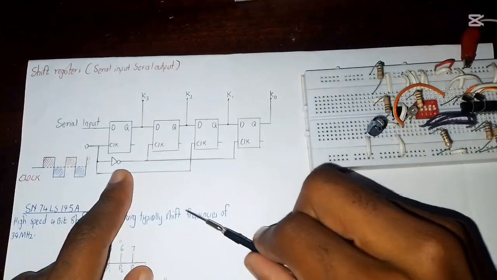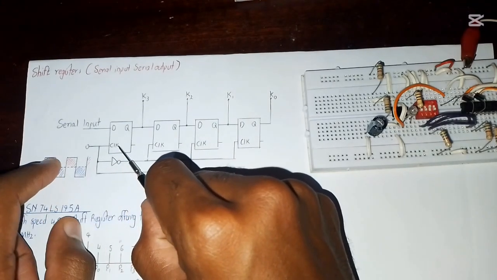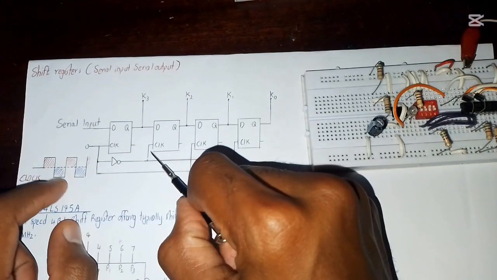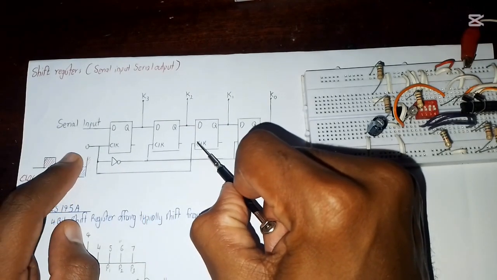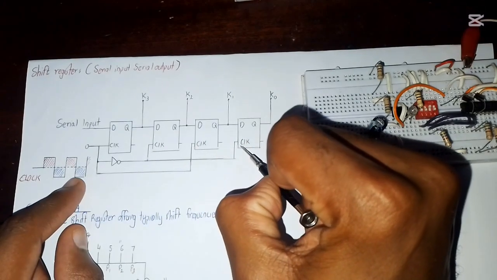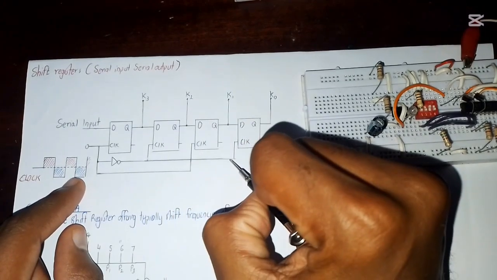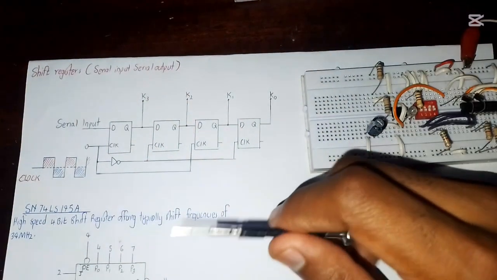For example, if the clock has to be high in the first flip-flop, then in the next flip-flop it has to be low. That's why there is an inverter. Then in the third clock, it has to be high again. Then in the fourth clock, it has to be low, falling edge. That's why there is an inverter. So that's basically how the clock signal is connected.